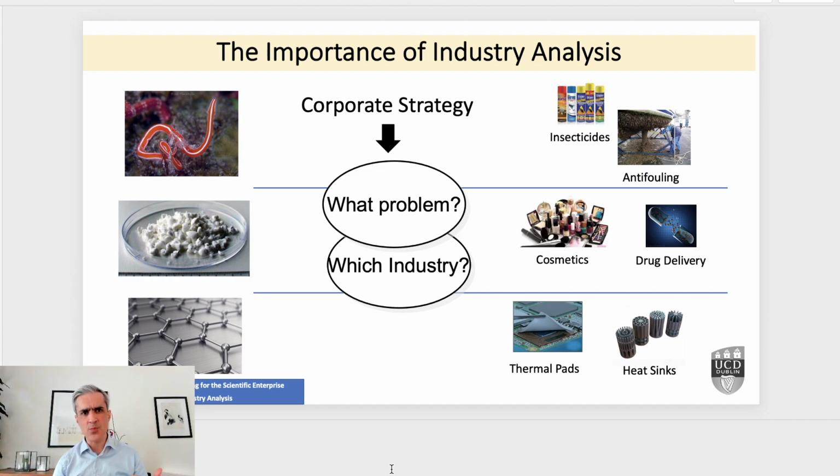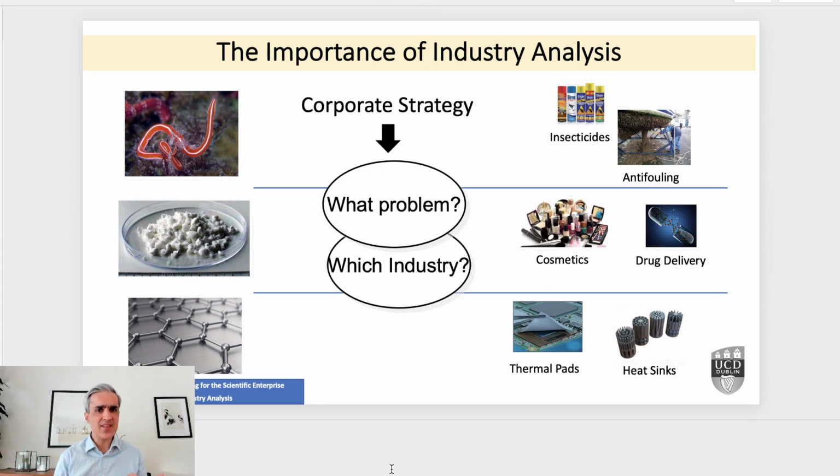The same thing with the second product here. I mentioned this before in my videos. This is a material that absorbs humidity very well, and it has so many different applications, from TV screens to cosmetics, drug delivery. And for example, if we focus on these two here, cosmetics and drug delivery, which one to choose?